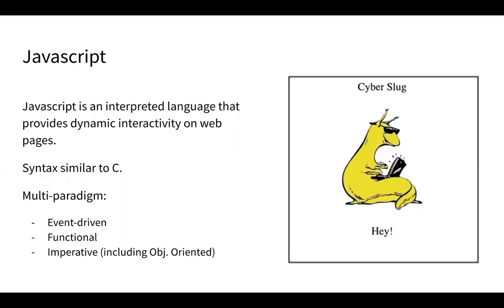So JavaScript is an interpreted language that provides dynamic interactivity on web pages. And this is a key aspect because so far our pages are made out of tags that are static, right? We can change the style of the tags, but if I want to, for example, look at the right hand side animation here, you see this hey message.